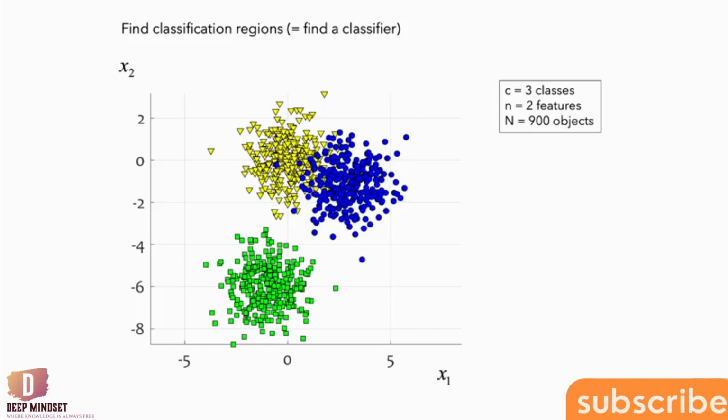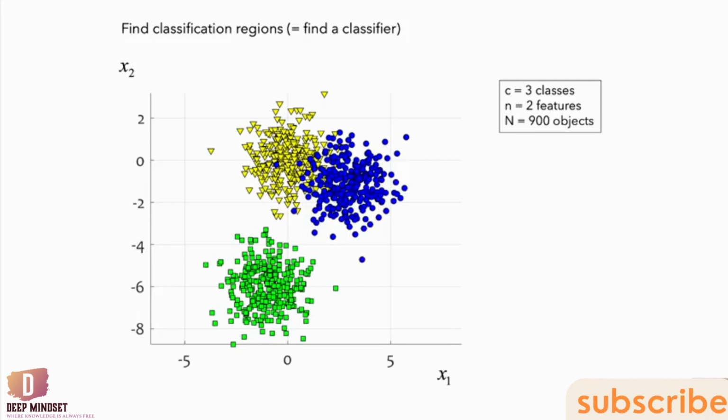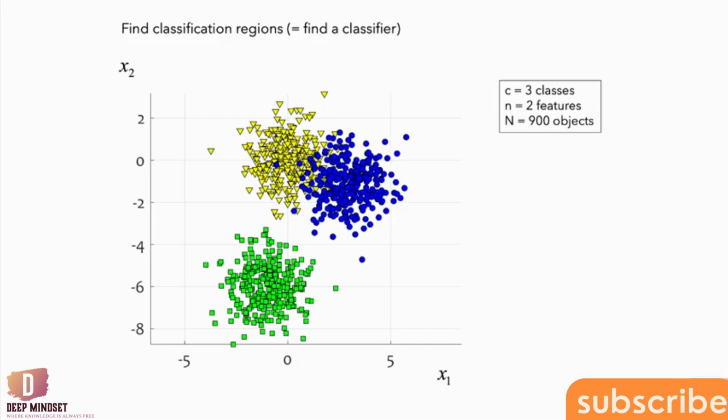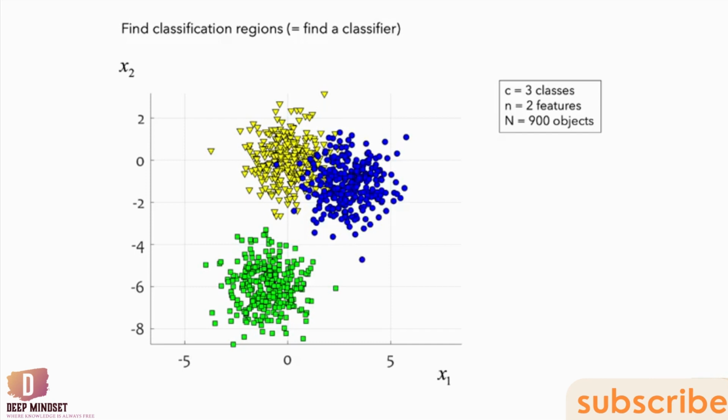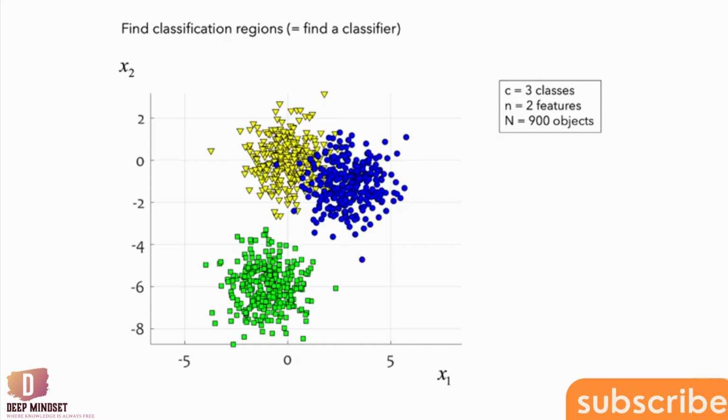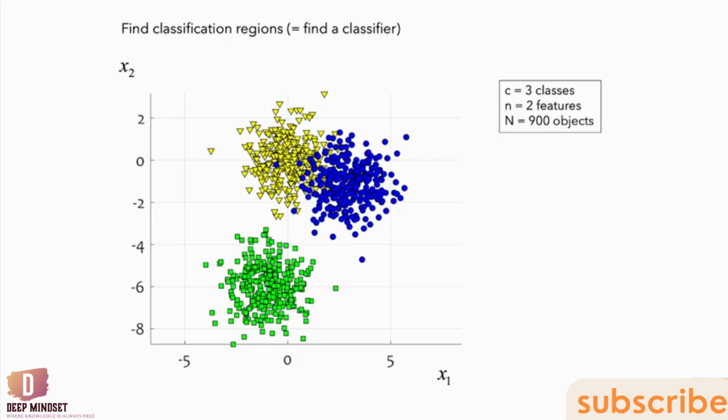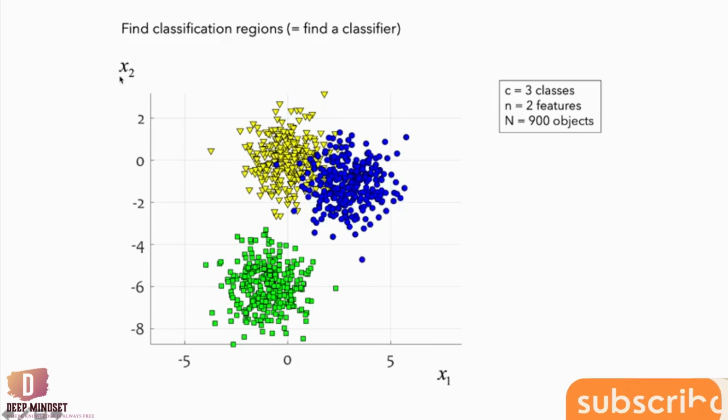So let's have a look at this one and try to find the classification regions, meaning find a classifier, because if you can find the region, then you found the classifier that finds the regions. Here we got three classes, the yellow triangles, the blue circles, and the green squares. We got two features, x1 and x2.